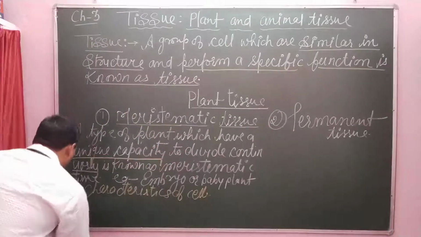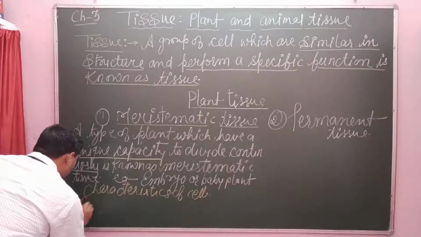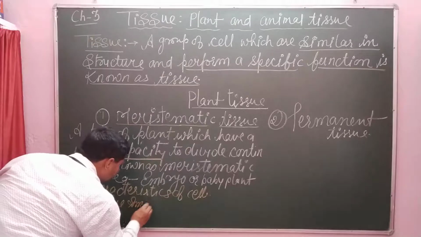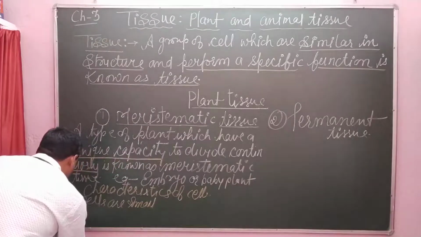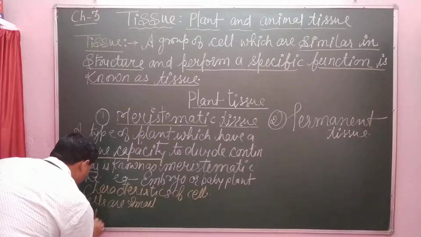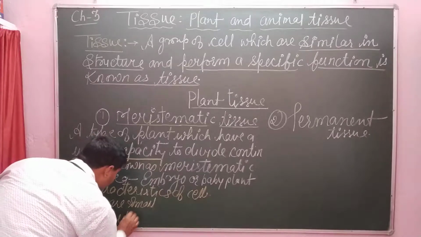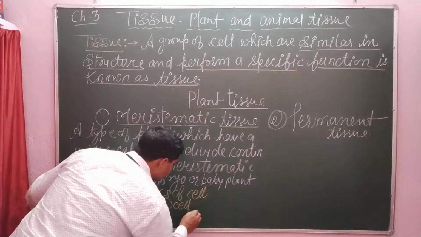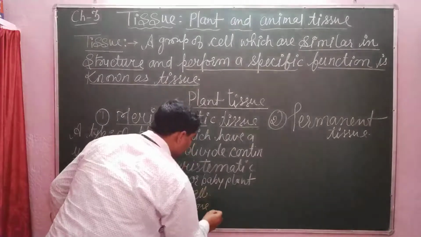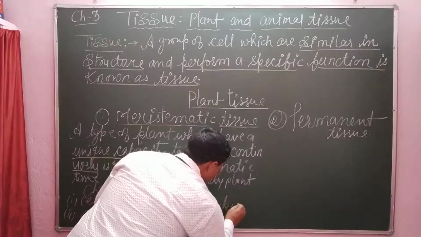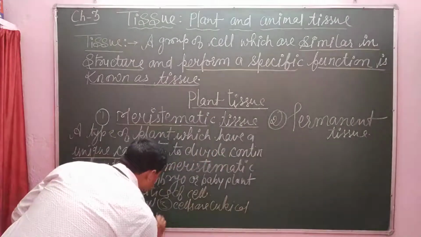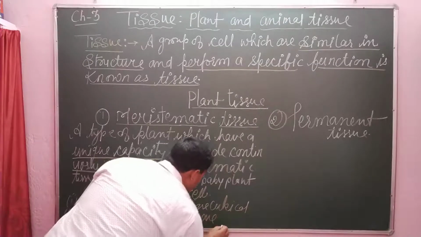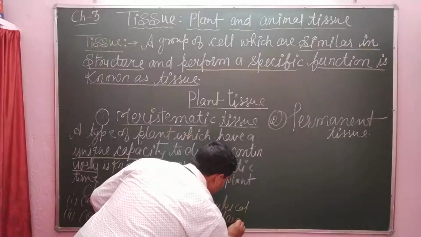So dear students, cells are first small, second cells are thin, third cells are cubical, fourth cells have large nuclei.